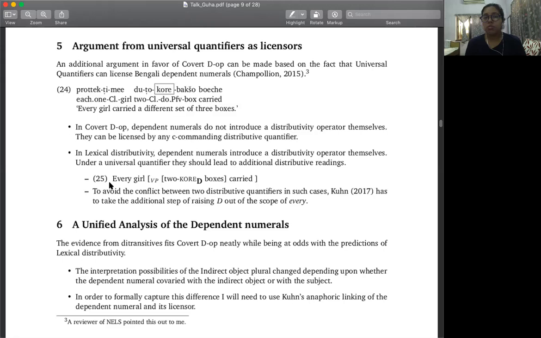We actually do not have additional distributive readings in these cases, so in order to handle that, lexical distributivity must resort to extra devices that can rule out these readings, right? So that's a disadvantage for a lexical distributivity account.